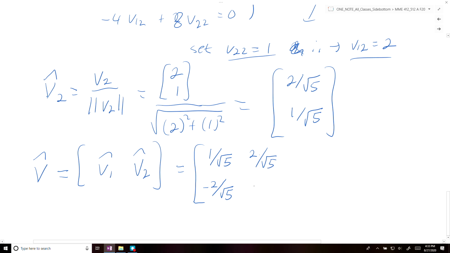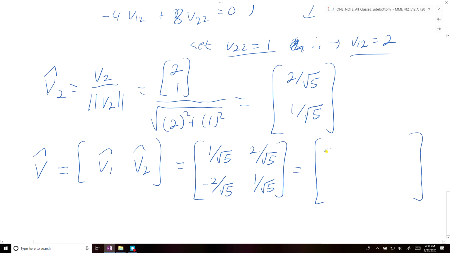What these are equal to physically, in terms of our original stress state, is that this tells us the angle that the matrix had to rotate in order to get to our principal stress. So we will have cosine theta p1 is going to be equal to v11.